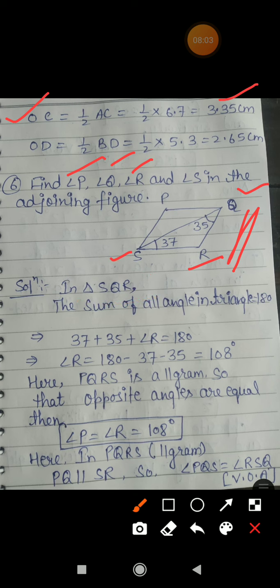The sum of all angles in a triangle is equal to 180. You very well know this condition of a triangle. So put the values of the first, second, and third angles. You have to find angle R. So 37 plus 35 plus angle R is equal to 180, and when the values move across they are converted into minus.